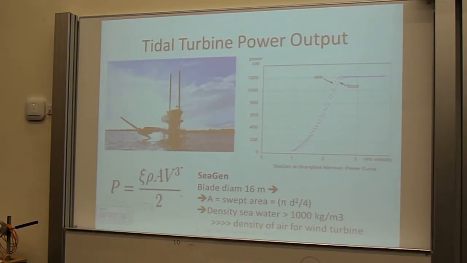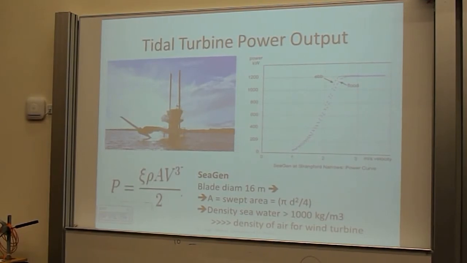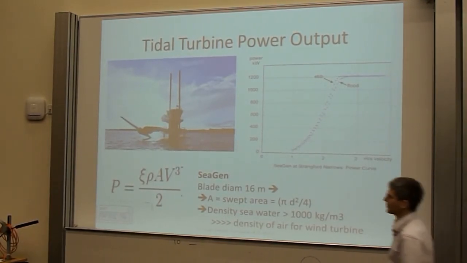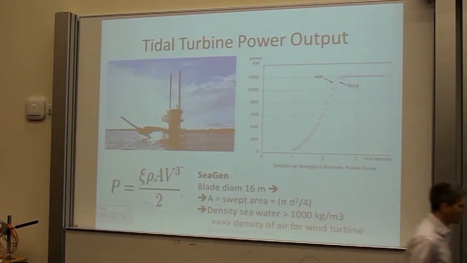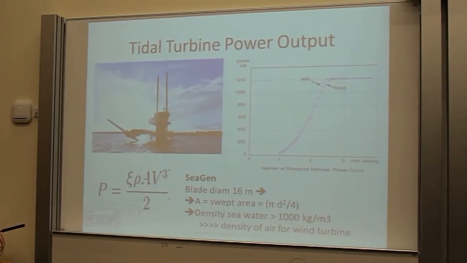So there's your meters per second over time. That's your typical tide. It depends on the physical characteristics of the tide, but at these points here, the current.